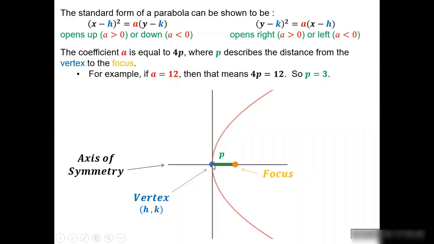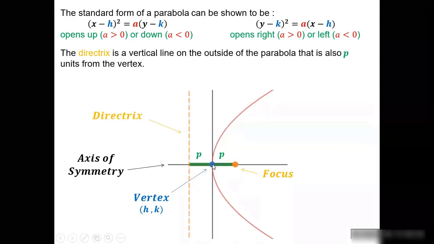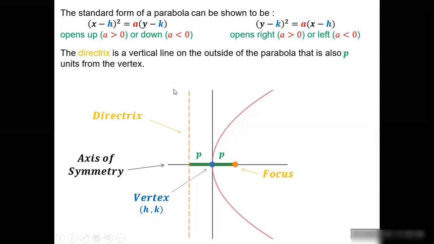Now, the great thing about this as well is that the directrix, or the line on the outside of the parabola, is always going to be perpendicular to the axis of symmetry, and it will also be the same distance from the vertex as the focus is.